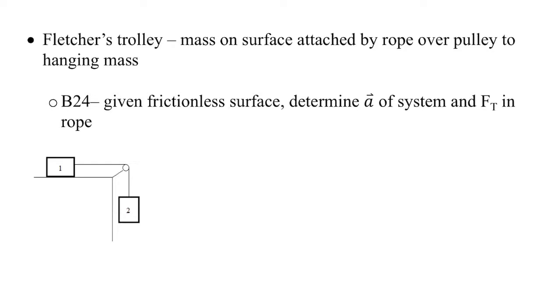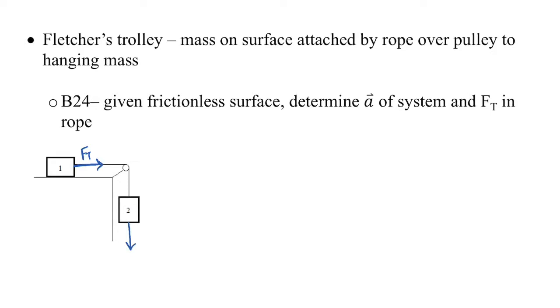For the first mass, my force of tension in the rope is going to the right, because I'm assuming that's which way it's being pulled. Obviously for mass 2, gravity is pulling it down this way. So our force of tension in the rope is going to the right.